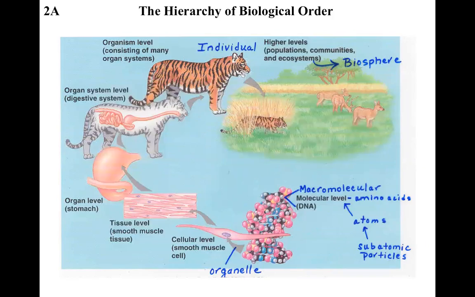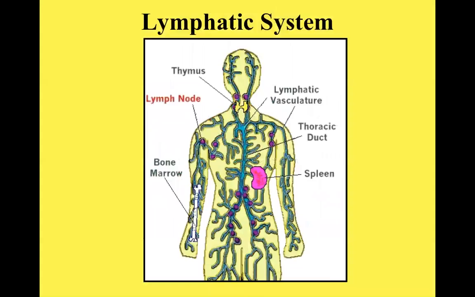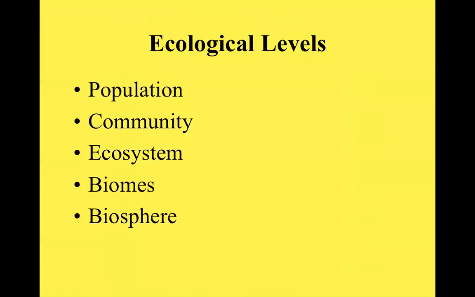Oops, wrong place. And the ecological levels, well, we have populations, then communities, and then we have also the ecosystems and the biomes, which we will do in the next module.